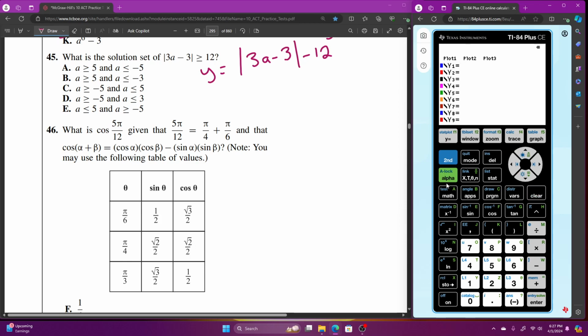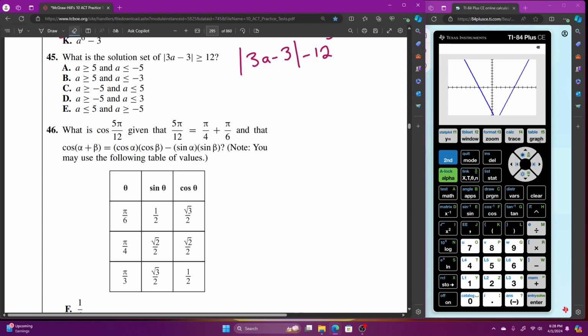Y equals the absolute value of 3. We've got to change our a to an x, right? Because we're only dealing in x and y. Minus 12. And we look at this graph and we want to know when it's, let's see, why did I change that to equals? It shouldn't be y equals.